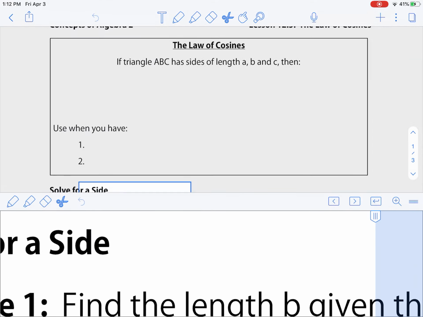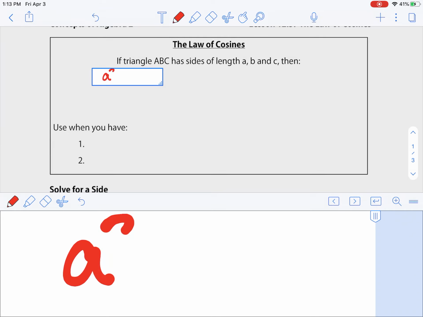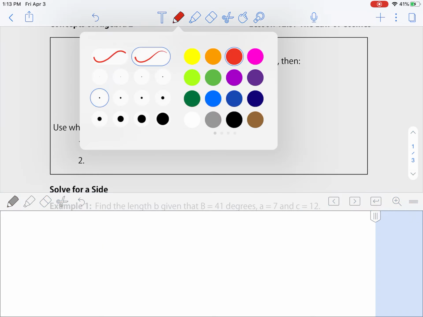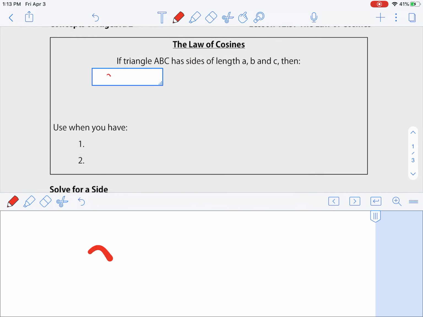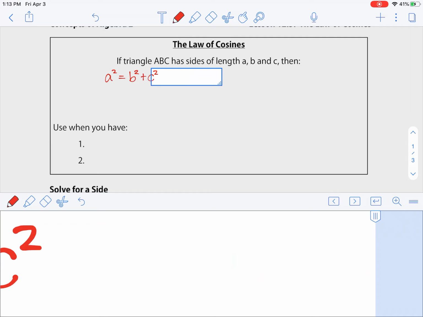So first, there are three versions of this. You're going to choose one, but let's go ahead and write those in. Now, based on a triangle ABC, the first version of our law of cosines is a squared equals b squared plus c squared.